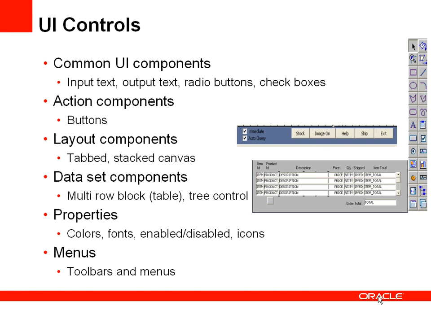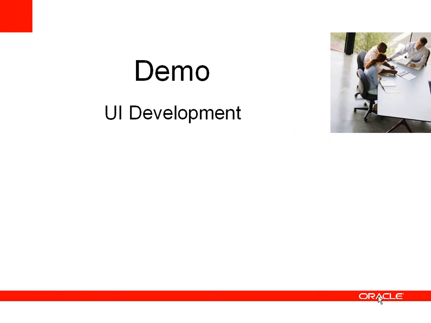But we also took the opportunity to embrace a little bit of change. While we do have the same concepts of buttons, tabbed canvases, etc., we introduced some different components, rather than just doing a like-for-like UI. So let's show how we developed some of the UI pages in the ADF application.